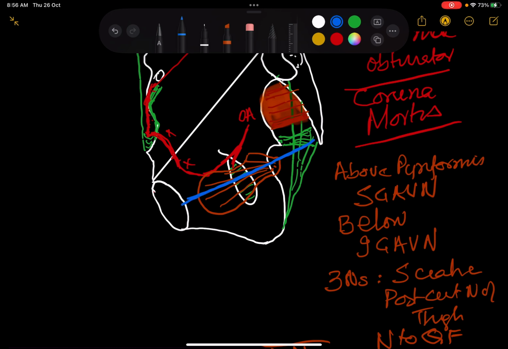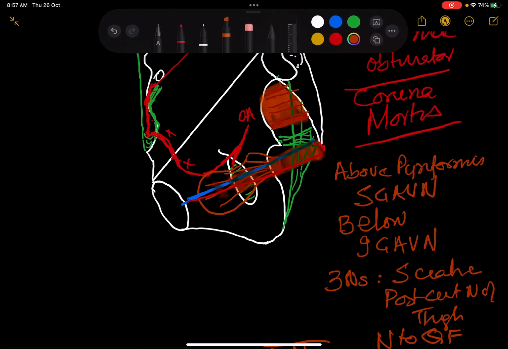From this tendon there arises a muscle which is horizontal and goes up to the coccyx. We'll color it. And this muscle is called the levator ani.